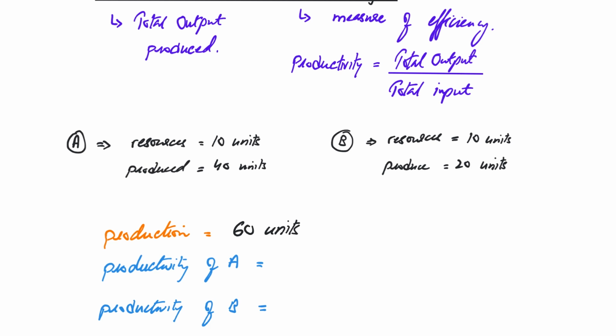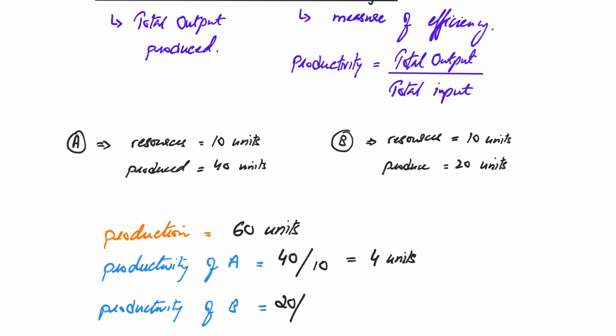And to solve this, firm A ki productivity kaise nikalein? You take 40, you divide it by the input, which is the resource 10. So per resource, you are producing 4 units. That's your productivity.